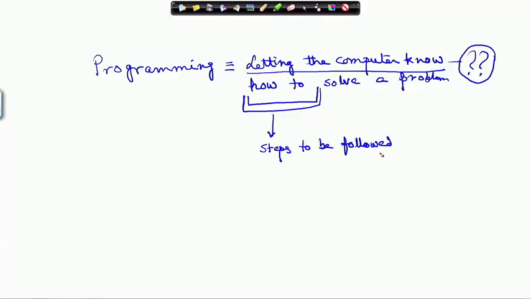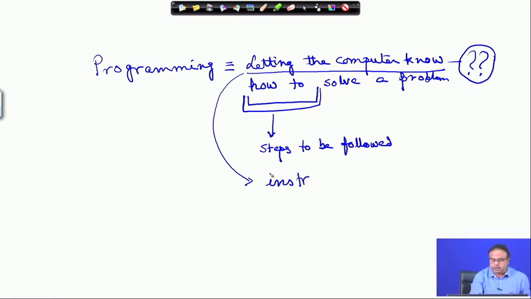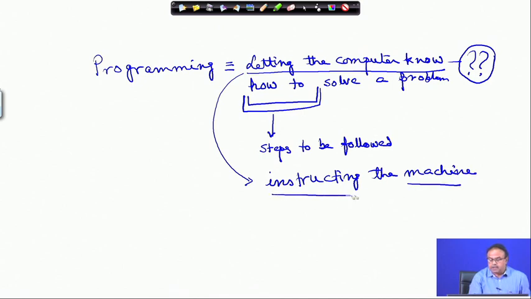Often, informing the computer is also known as instructing the machine. The machine is nothing but the computer itself, and these are the computer instructions. A program therefore consists of a number of instructions to be executed.